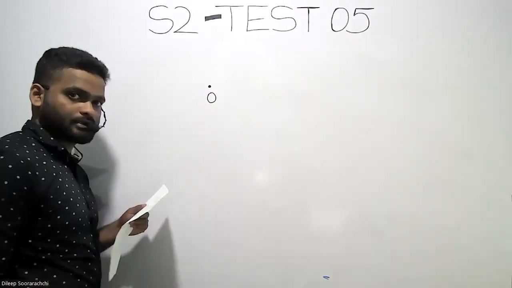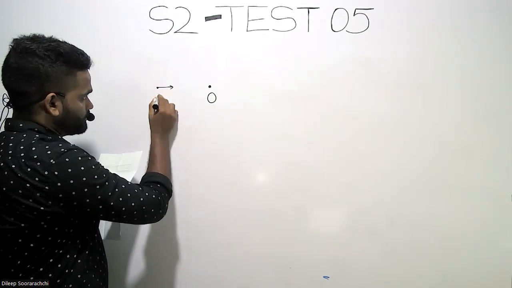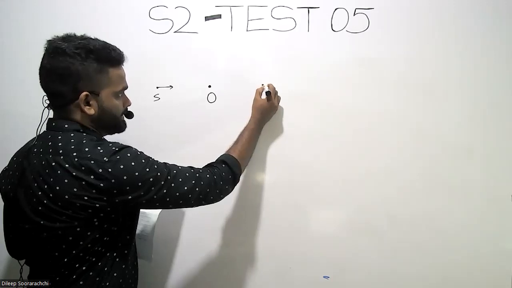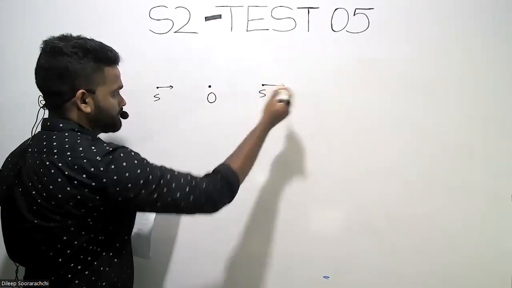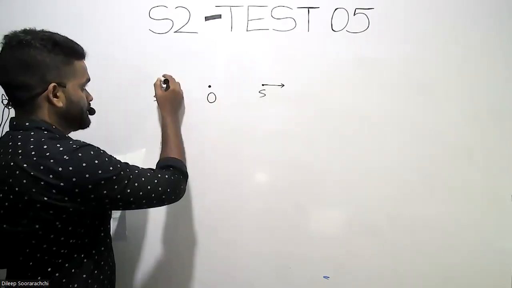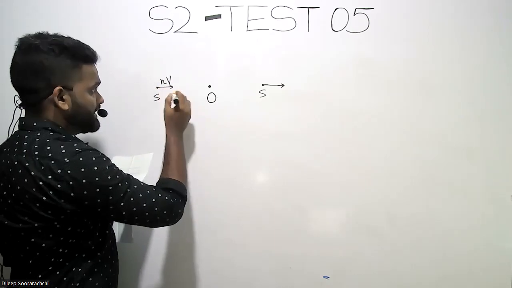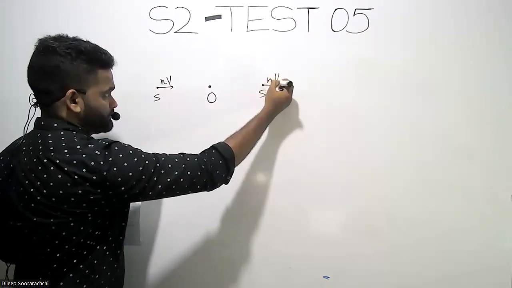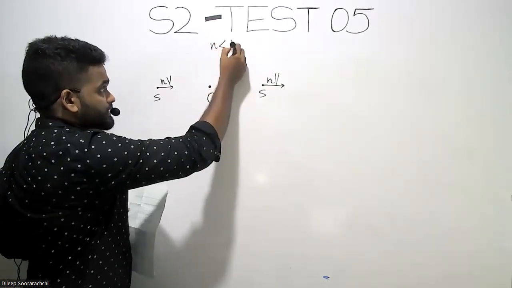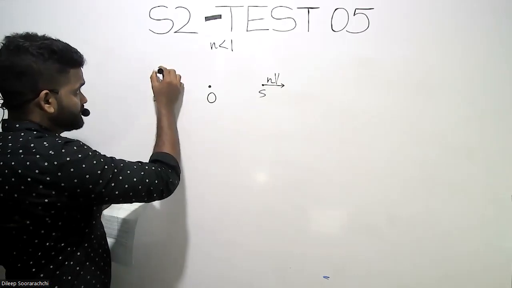First the sound source is moving towards the observer, and then the sound source is moving away from the observer. Observer is at rest. Velocity of the source is nv. This also is nv, and they say n is less than 1, and the velocity of sound is v.